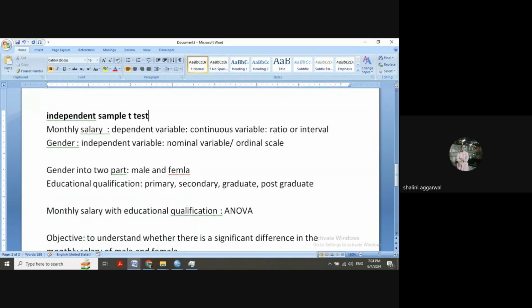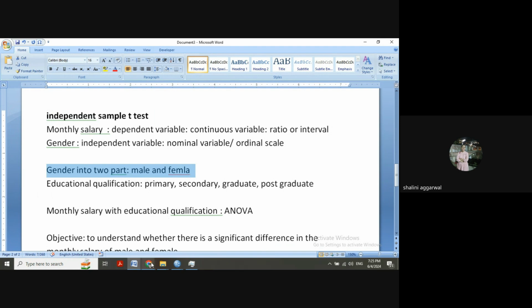The monthly salary, that is your dependent variable, has to be a continuous variable, ratio or interval. And the independent variable, यहाँ पे educational qualification, can be nominal scale or ordinal scale. But there is one more condition for ANOVA, that the independent variable can be categorized into more than two. But when we are applying the independent sample t-test, it can be categorized only into two parts. That is, here the example is male and female.